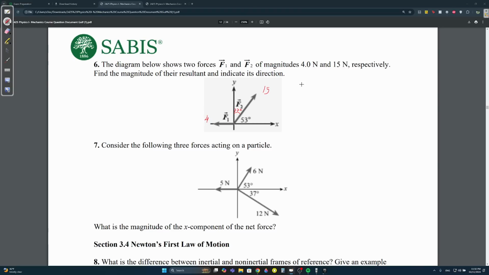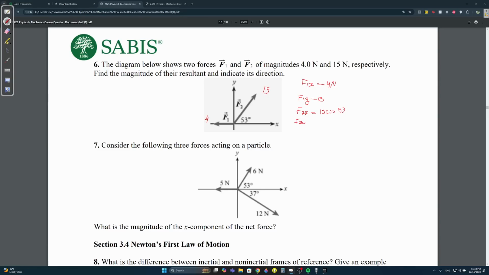It's kind of obvious. F1x is going to be equal, since it's going to the left, to minus 4 newtons. But F1y will be equal to 0 because it's on the horizontal. F2x is going to be equal to 15, but the angle I have is with the vertical. Or no, actually, I have the angle with the horizontal. Why did I find this? What am I messing around for? I don't need this. For the x component I just do 15 cosine 53.